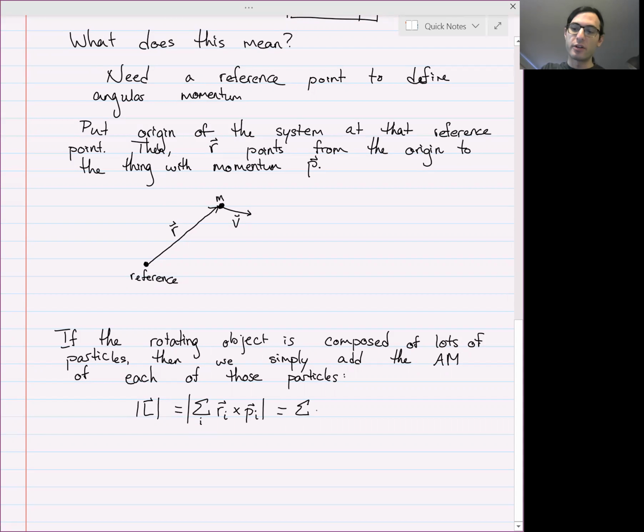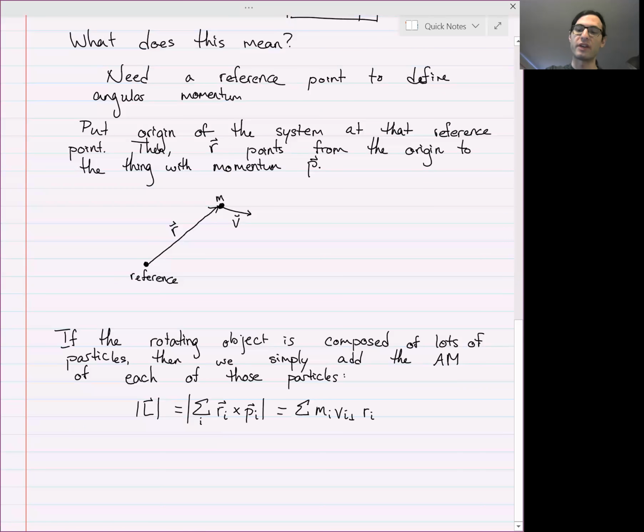And so we could rewrite this as the sum of mi vi perp times ri. I need to be careful here. There might be a mistake in my notes. Okay, so this is actually fine. Just to explain my potential confusion, there was a potential issue with the sum of the magnitudes not being equal to the magnitude of the sum.